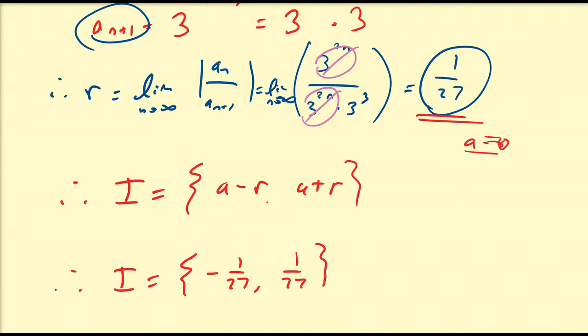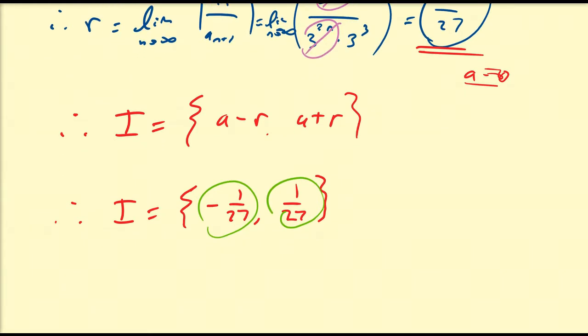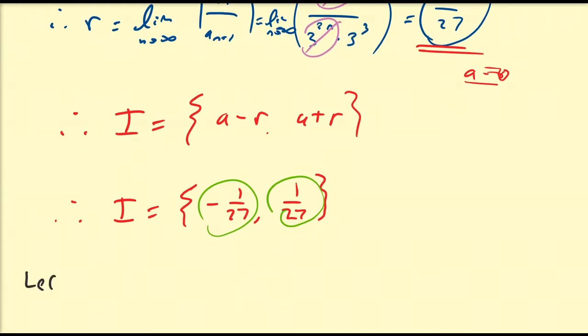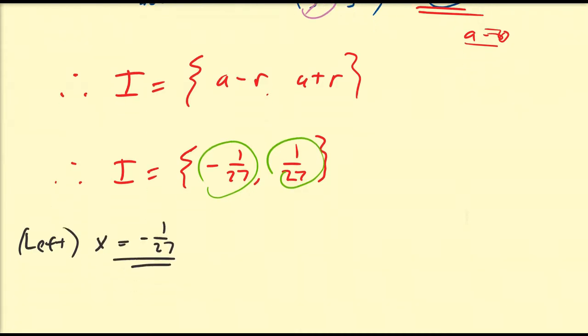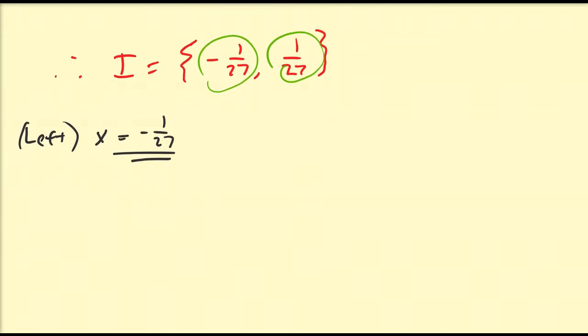So now we need to see whether the endpoints plus or minus 1/27 converge or diverge. So let's first consider the left endpoint. We're going to look at x equal to negative 1 over 27. So when x is equal to negative 1/27, our series is the sum from k equals 0 to infinity of 3 to the power 3k times negative 1 over 27 to the power 3k.